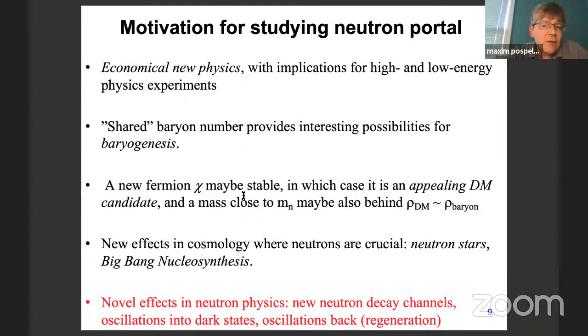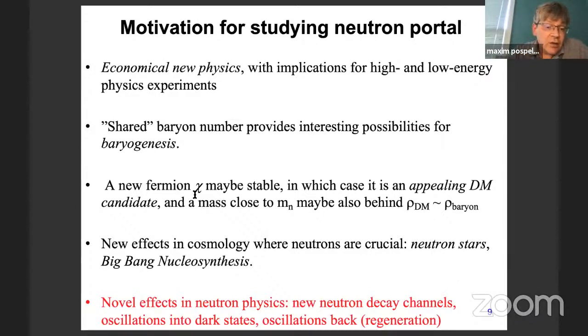So motivations for studying the neutron portal can be summarized as follows. It's economical new physics with implications for high and low energy physics experiments. The model has a shared baryon number, if you like, because of the chi-n mixing, and that provides interesting possibilities for baryogenesis.